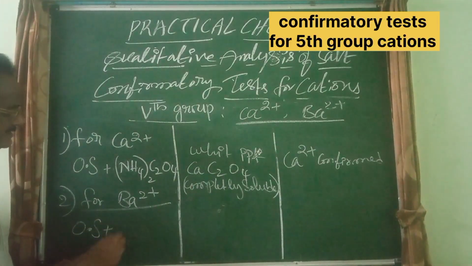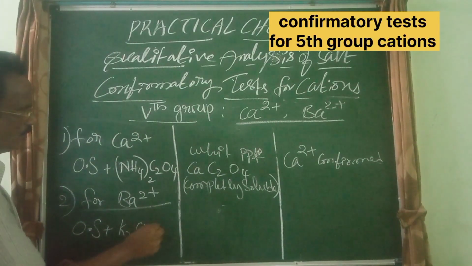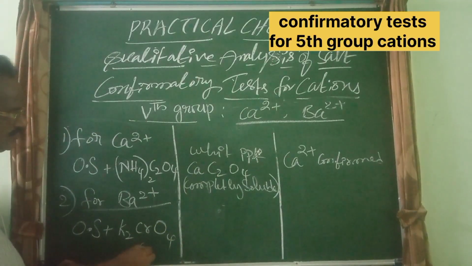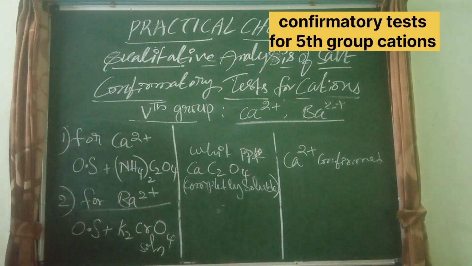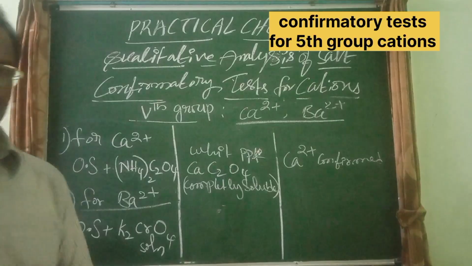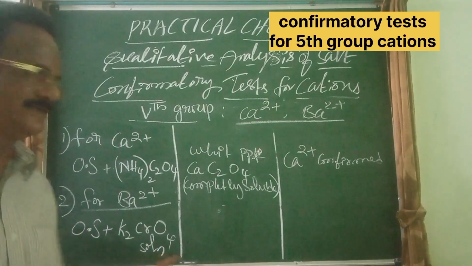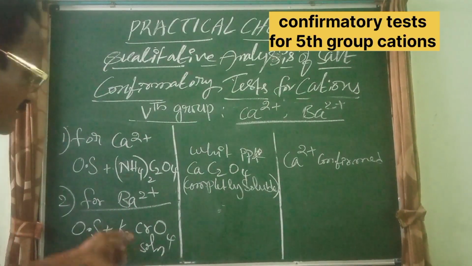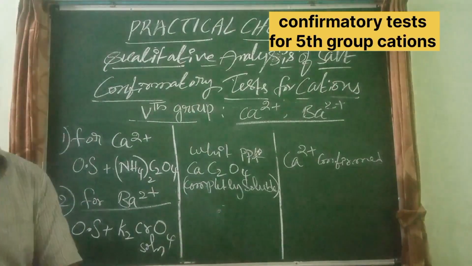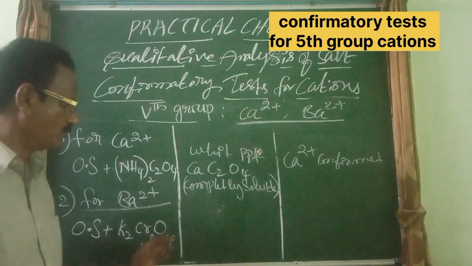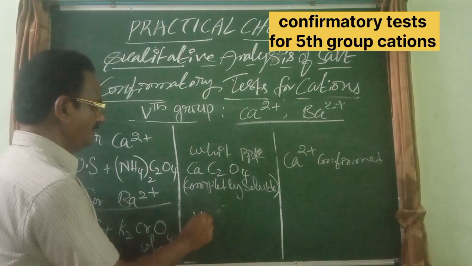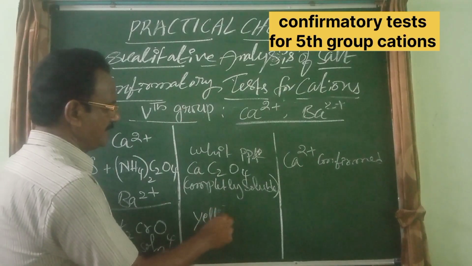For confirmation of Ba2+, the original solution is added with potassium chromate solution, K2CrO4. A yellow precipitate is formed if there is Ba2+.